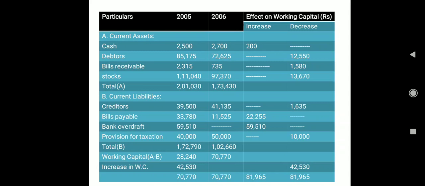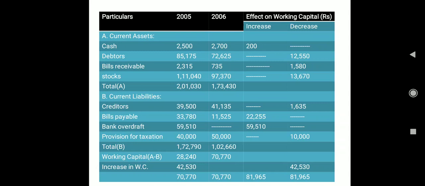In 2006 we do the same: total of A, that is current asset, 1,73,430 minus 1,02,660, and we get working capital of 70,770.